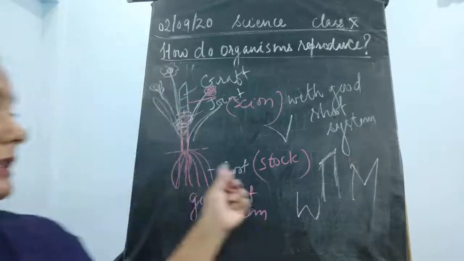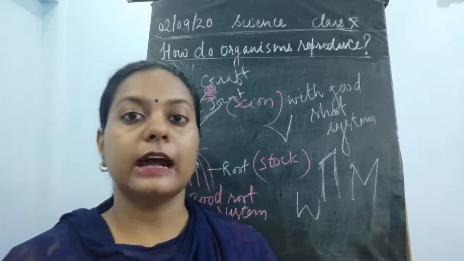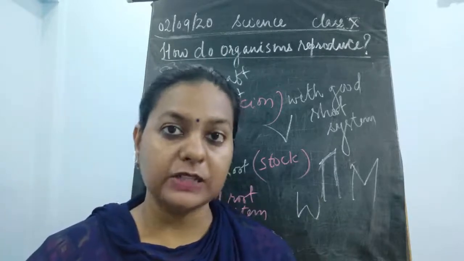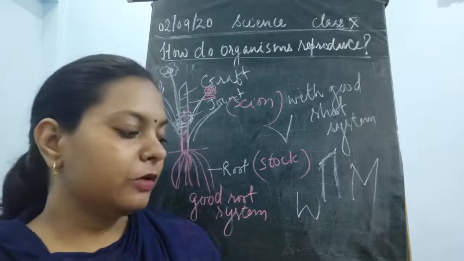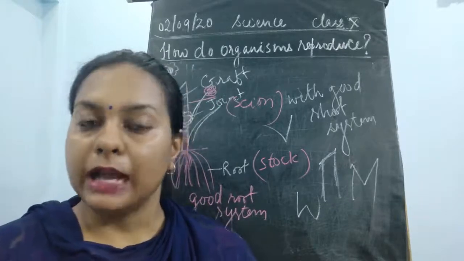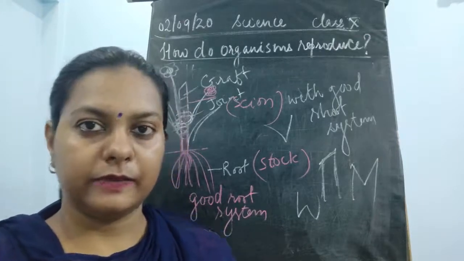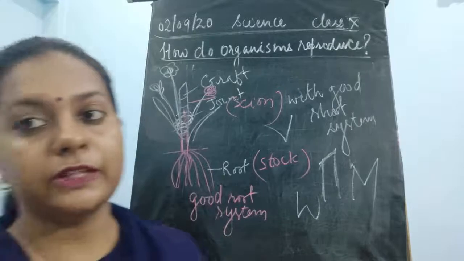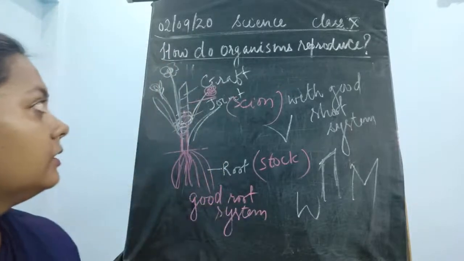This is being done in the hard woody plants. Stem cutting also takes place in the shrubs. Layering is done with the soft tender plants. So this was about the grafting, children.